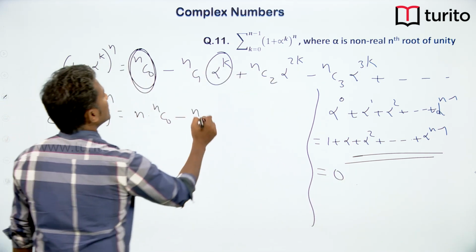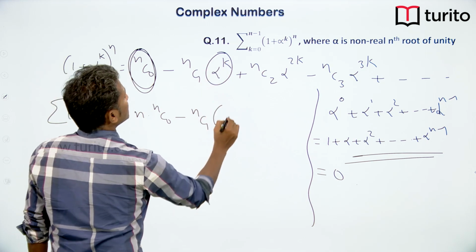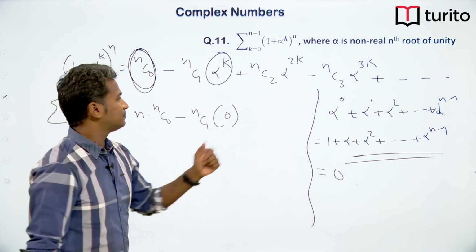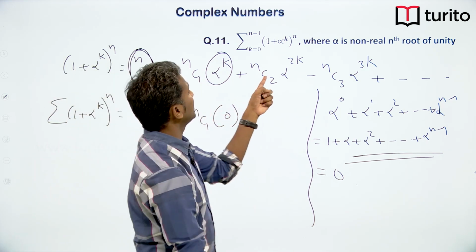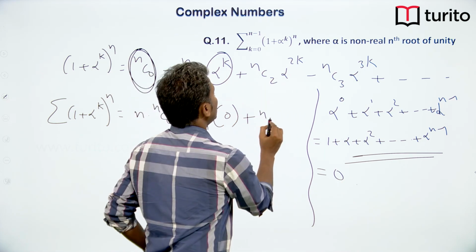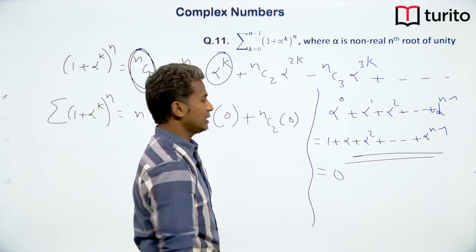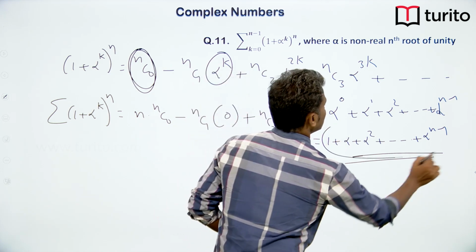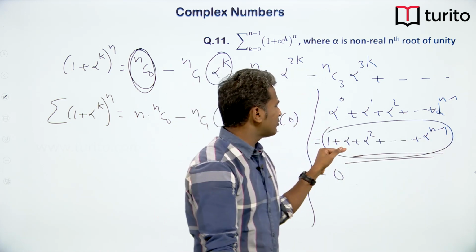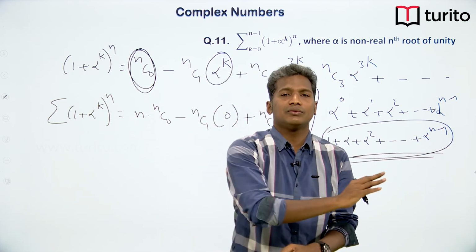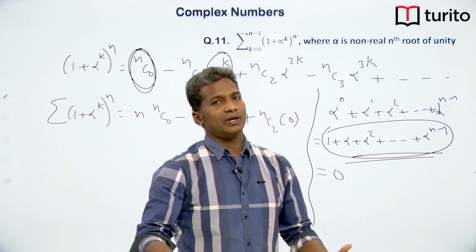So, when I apply sigma over this, I will get nC1 into 0. Similarly, when I apply sigma over this, I will get nC2 into 0. For example, here there are n roots. If you square all these roots and add all of them, you will get 0 again.